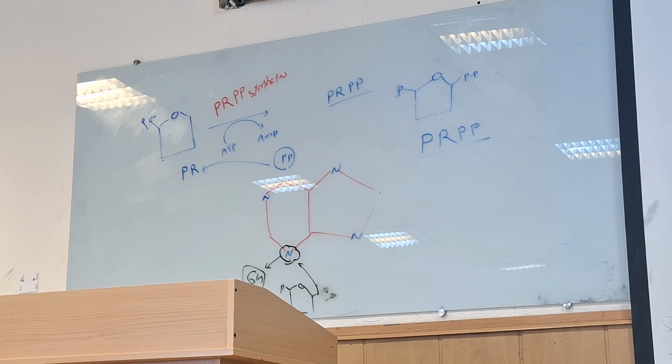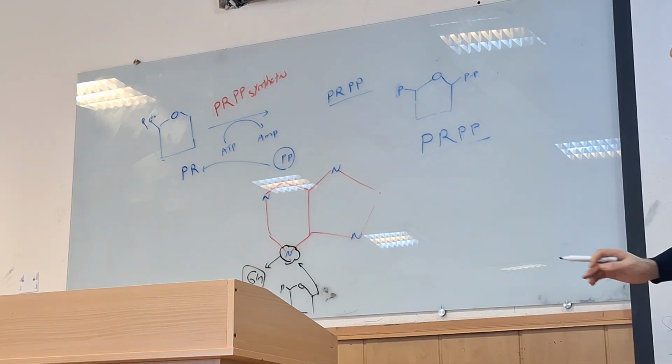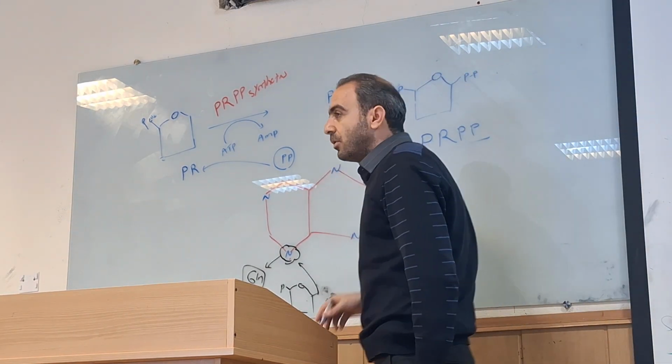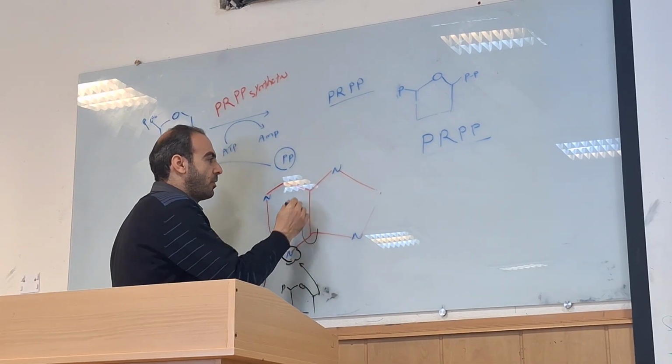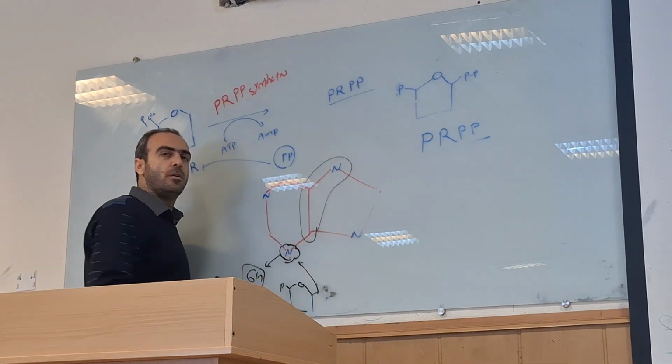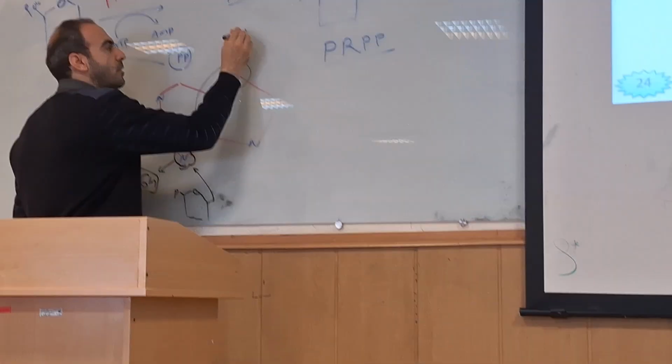IMP, GMP, and AMP are inhibitors, and PRPP itself is an inducer, an activator. So after that, we add this part. This part is a glycine.